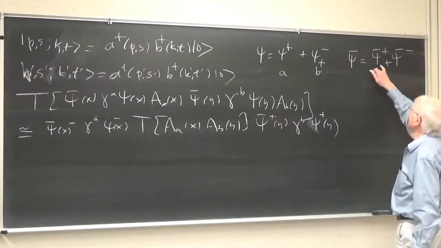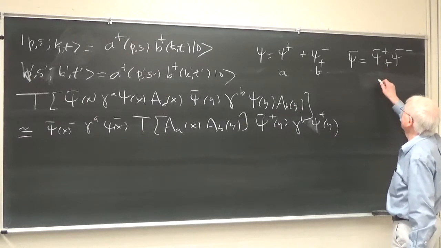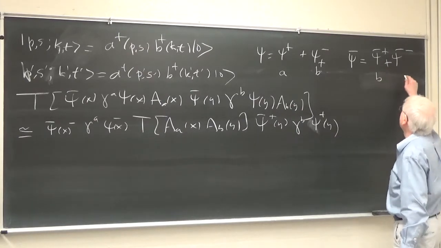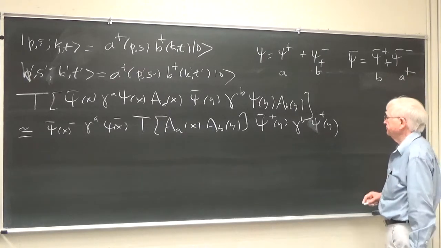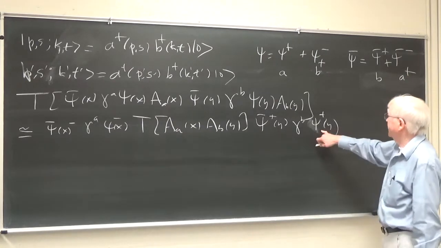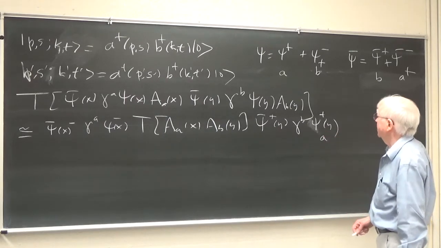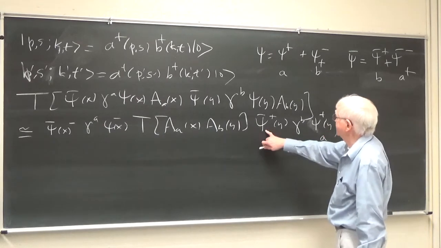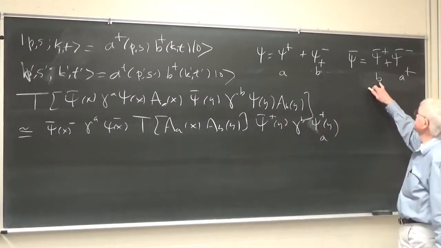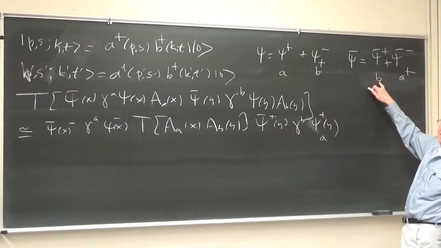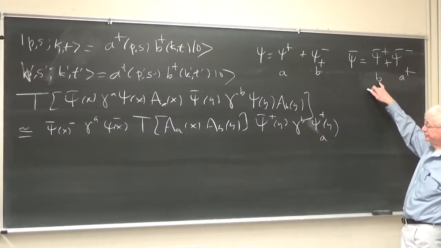The annihilation part here has a B, and this has an A dagger. So this part here is annihilating an incoming electron, and this part, psi bar plus, is annihilating an incoming positron.